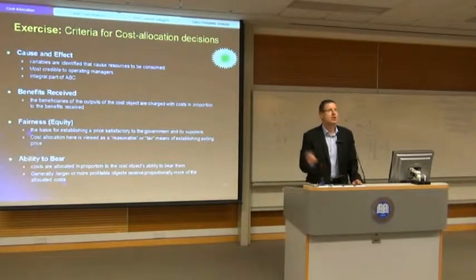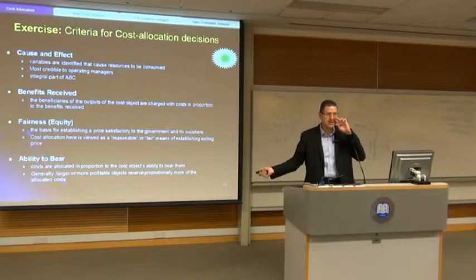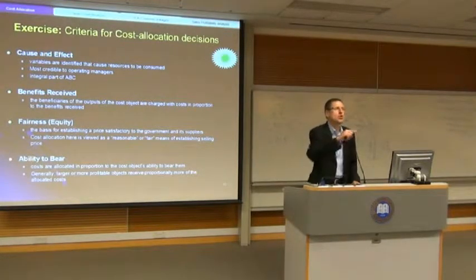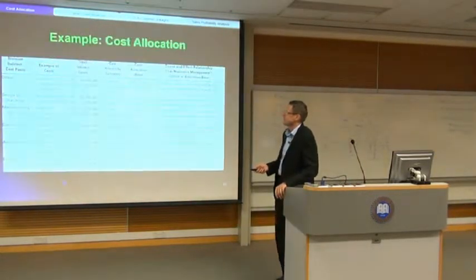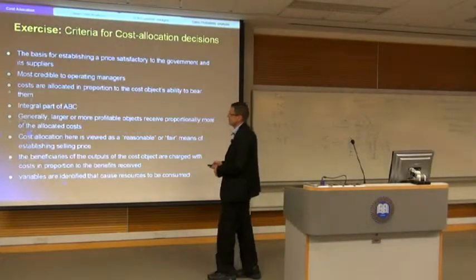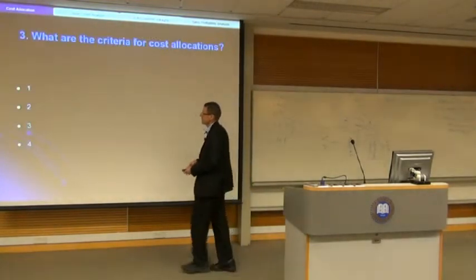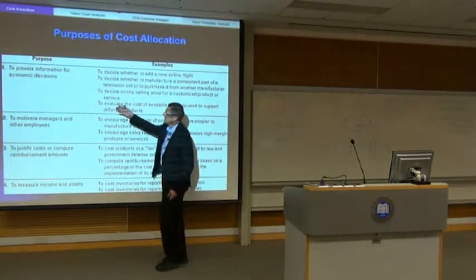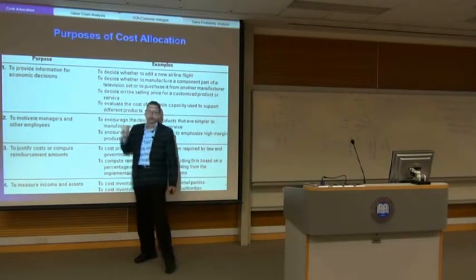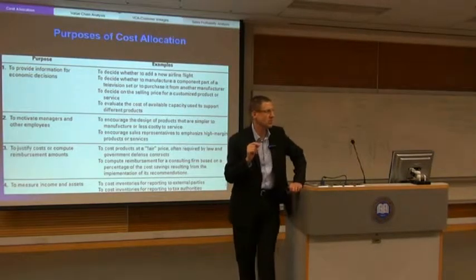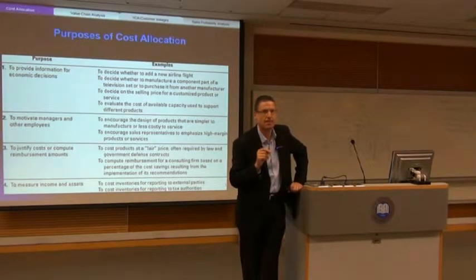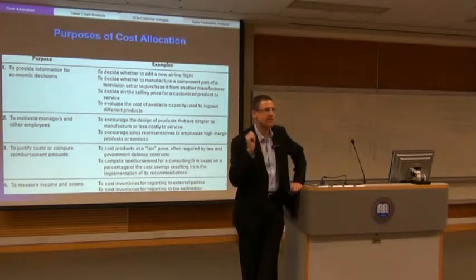So you can choose that as the basis depending on your objective. If your objective is to provide information for economic decisions, what do you think the best basis will be? What's the best basis for the first objective?